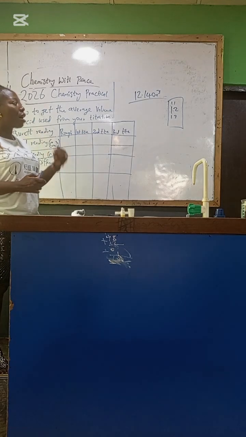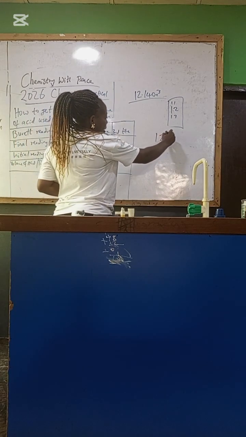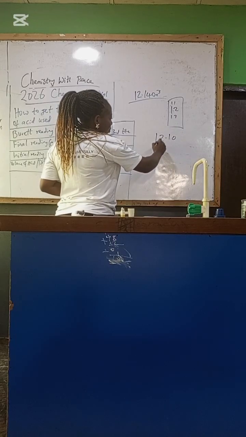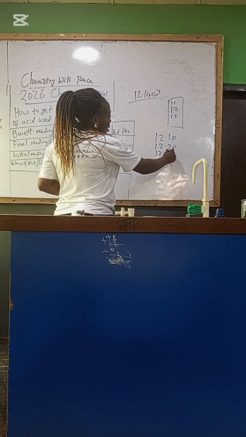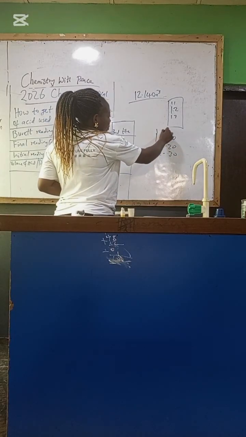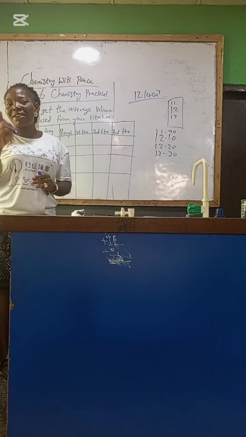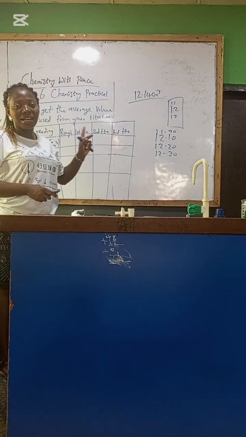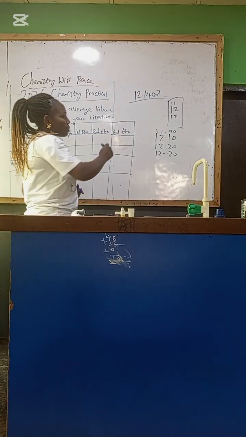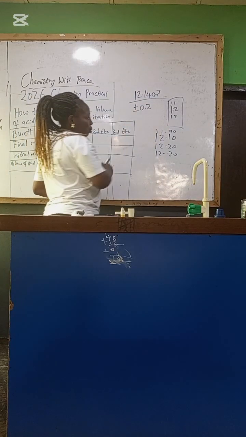So if I pick it up, I'm expected to have my values 12.10, 12.20, 12.30, 11.90. I want to state something very important. Any value you are choosing within that range must be plus or minus 0.2.